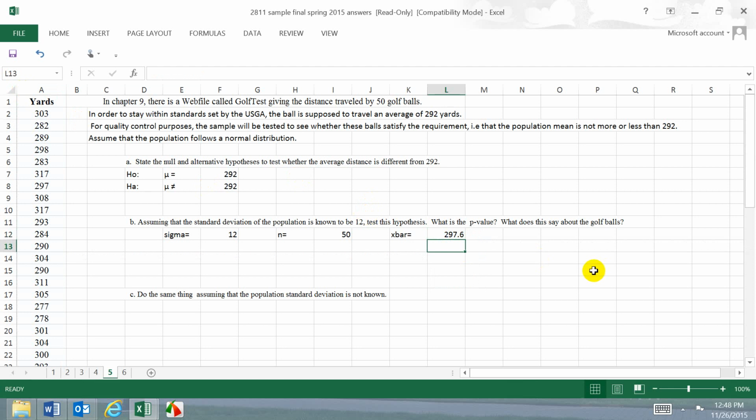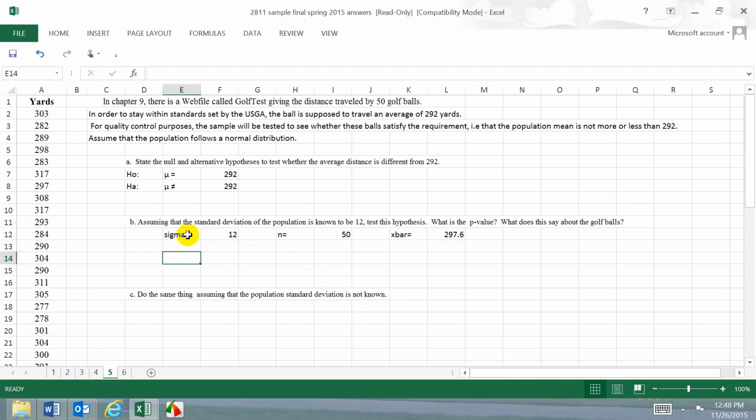Since the standard deviation of the population is known, we're going to use Z. Again, when the standard deviation of the population is known, we use Z. When the standard deviation of the population is unknown, we use S, and then T. Now, since n is equal to 50, that's a large sample size, so we're in business. We don't have to know that x bar is going to be normally distributed. We don't have to know that x is normally distributed. That being the case, we're ready to go.